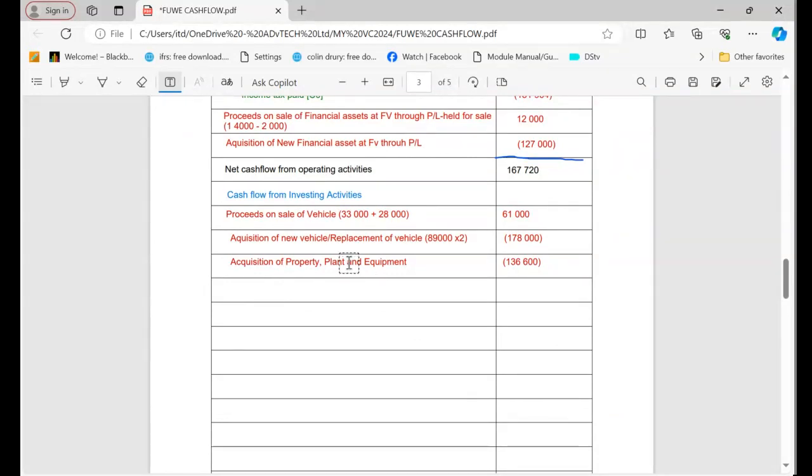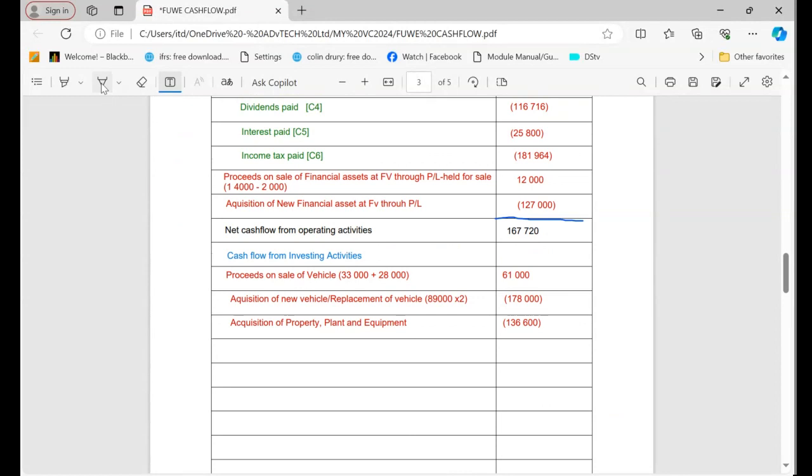Now we can find the total here. You can just underline here, and then we take this minus that. I'm getting 253,600.